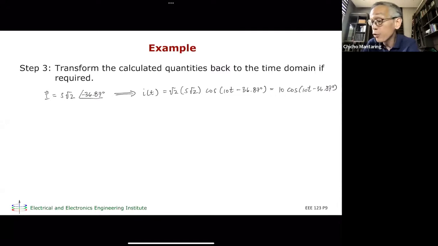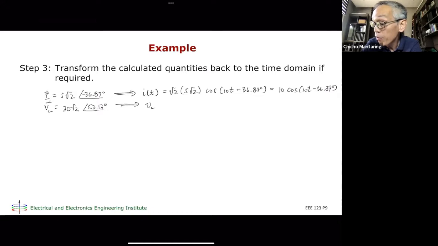So that is the value of i(t). Similarly, V_L is 30 times the square root of 2 at an angle of 53.13 degrees.